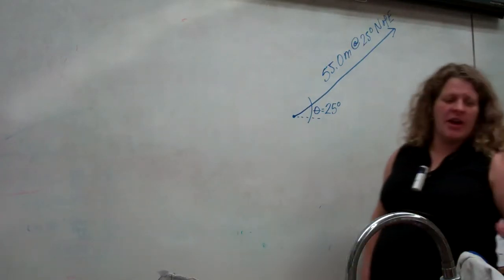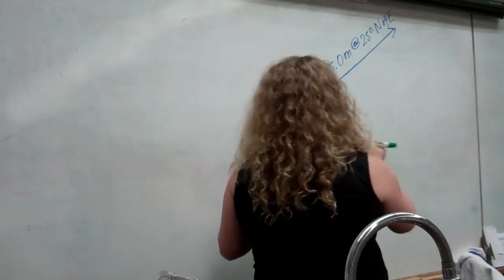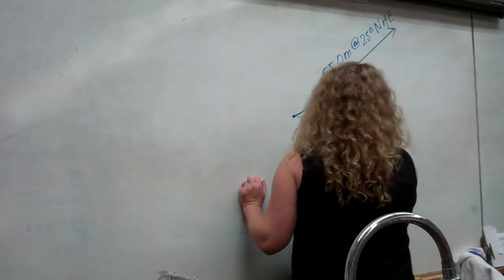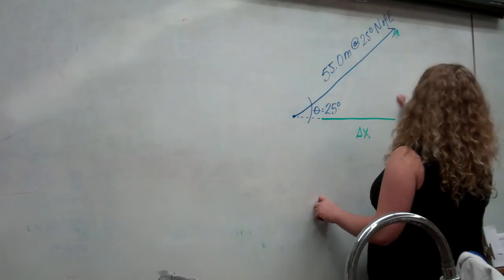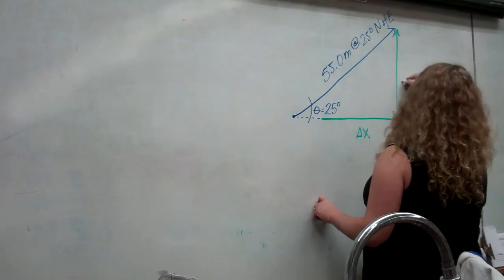Is it true that in their motion, in their displacement, there is an x component to their displacement, and a y component to their displacement? Is that a true statement? Yes. Can we figure out what the x and y components of their displacement are?